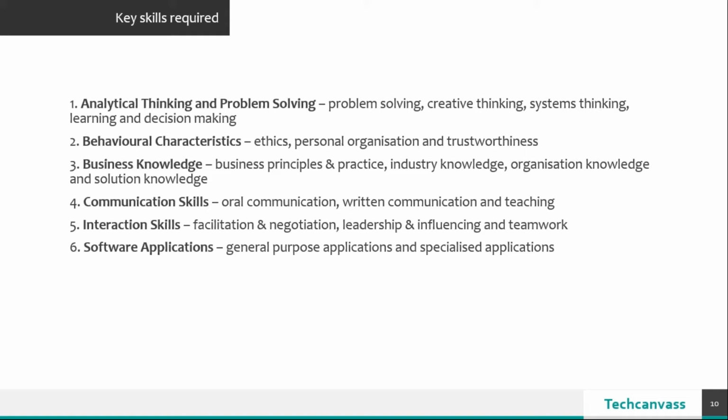Next is the interaction skills, wherein, of course, the negotiation skills also come into the picture. So if you have a good relationship and trustworthiness with your customer, you can always go up and tell them that, okay, we will not be able to deliver this because of some reasons. If you maintain that kind of transparency, it's always easy to negotiate things based on the requirement.